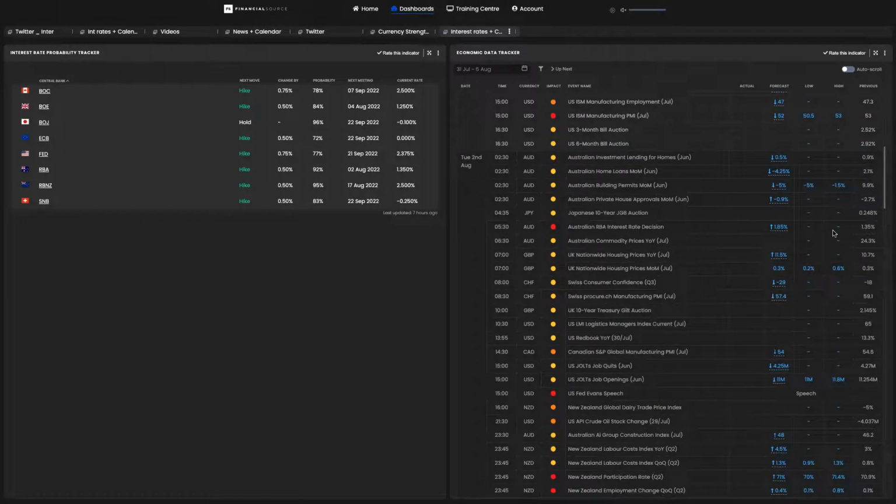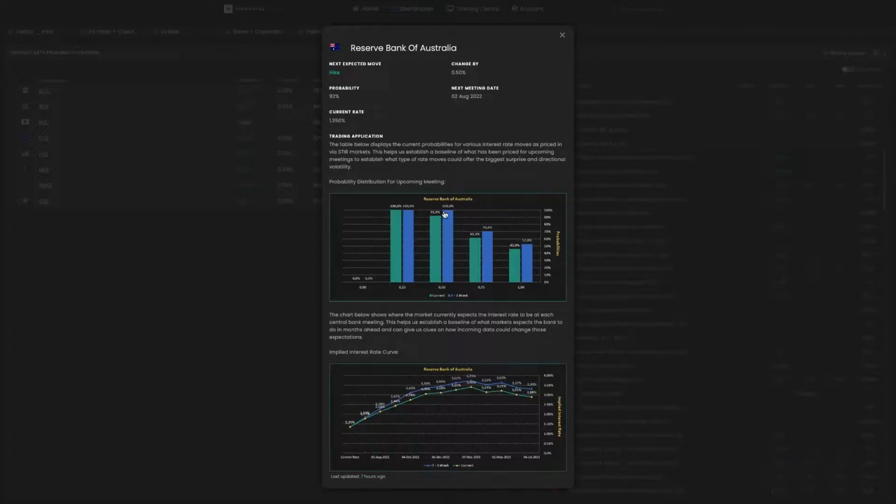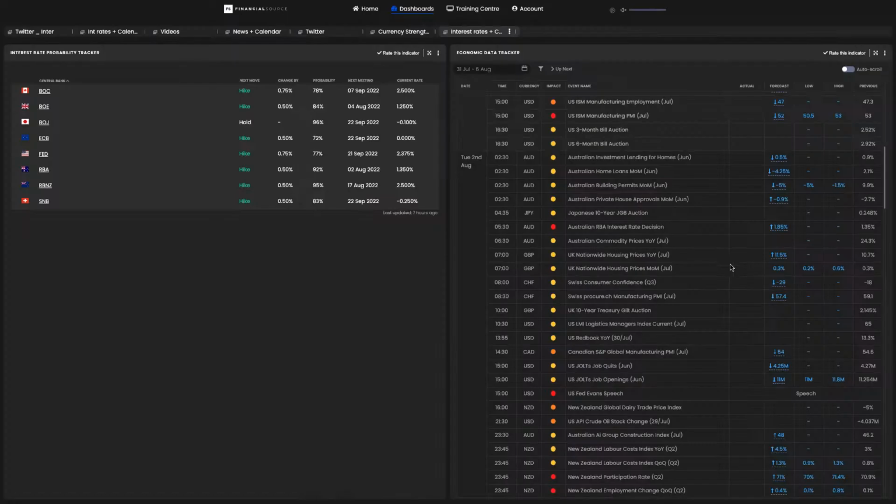RBA meeting expected to hike by 50 basis points. You can see here, courtesy of Financial Source, where I work as one of their analysts, that there's a 100% chance of a 25 basis point rate hike, and a 91% chance of a 50 basis point rate hike. So a 50 basis point rate hike is pretty much priced in.